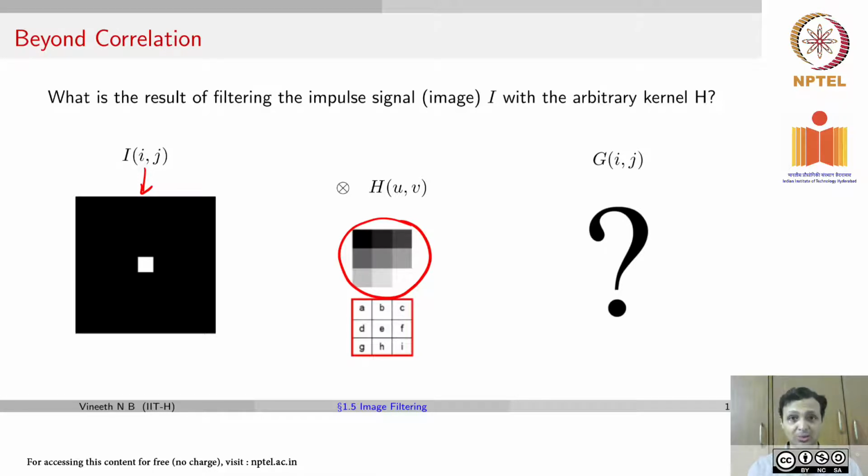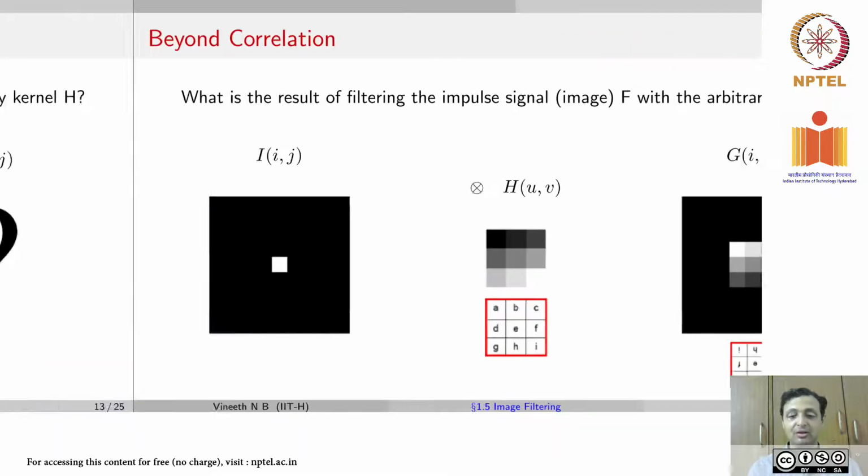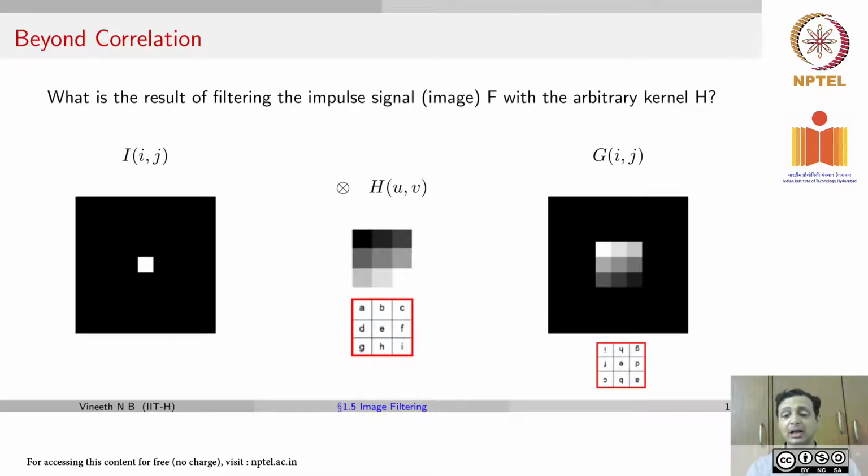You can work this out a bit carefully by yourself, but you'll find that the answer would be something like this. You would have an output image where the output is completely flipped. So you would have the bottom right value going to the top left and the top left value going to the bottom right.